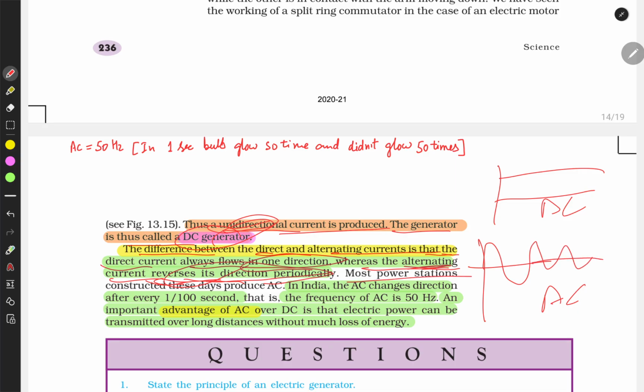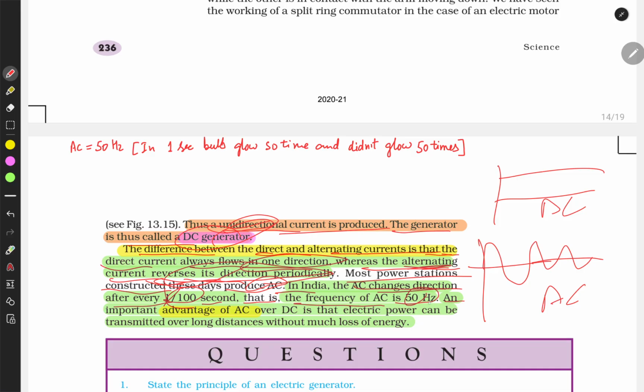Most power stations constructed these days produce AC. In India, the AC changes direction every 1/100 second. That is, the frequency of the AC is 50 Hertz.